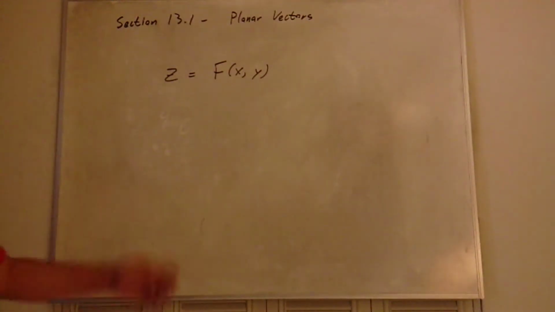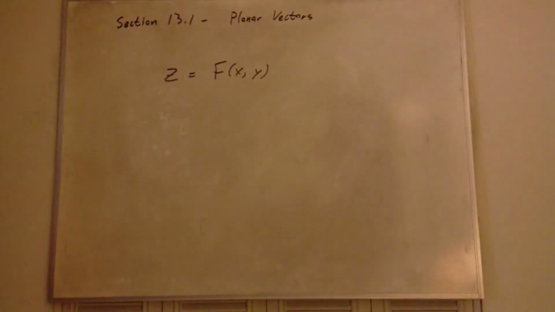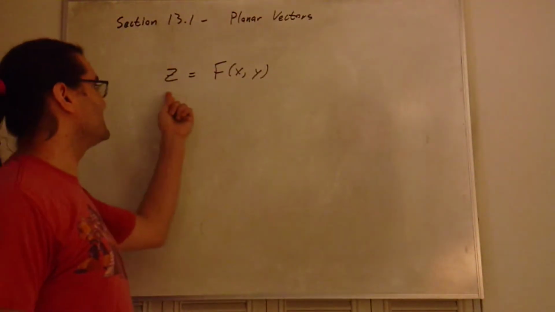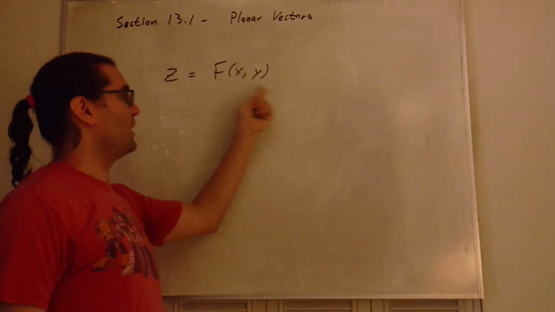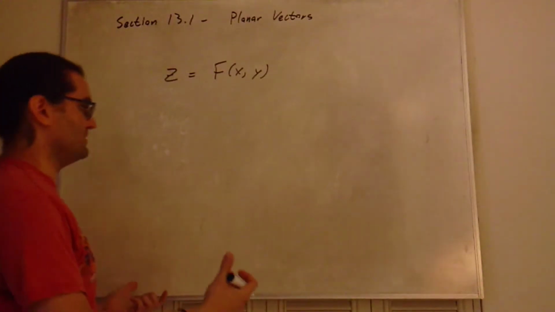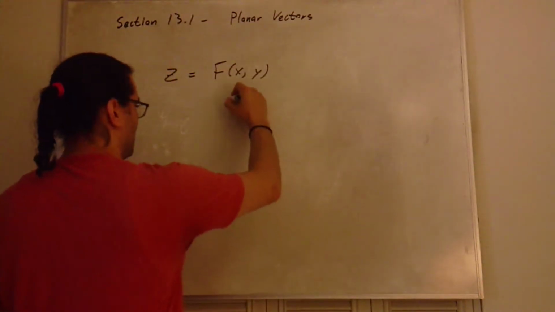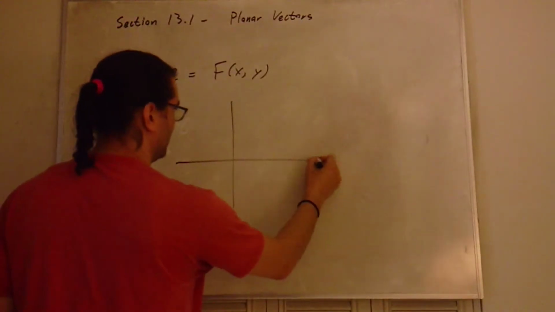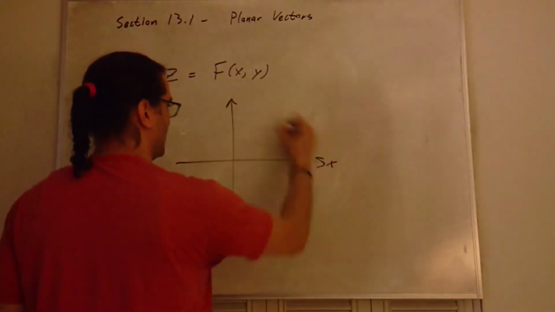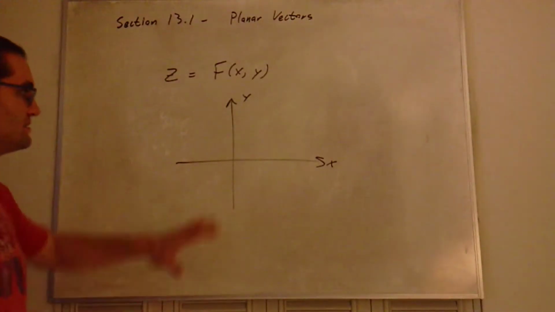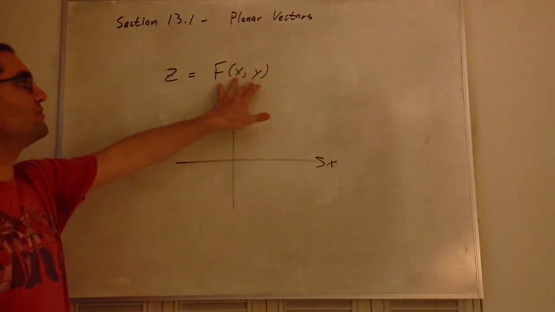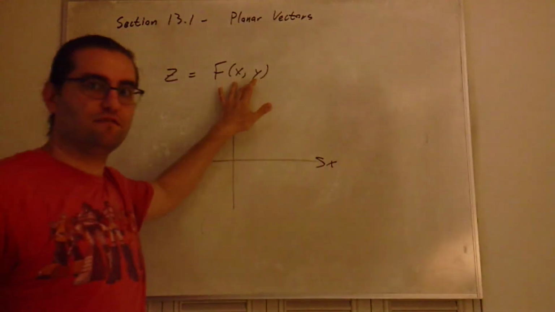And I'll explain more about these later. But essentially this is z as a function of x and y. And so in this case, x and y are still on the xy plane. That hasn't changed. Now both of these are independent variables.